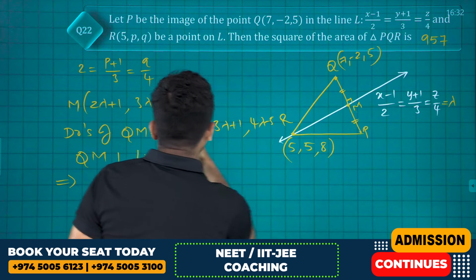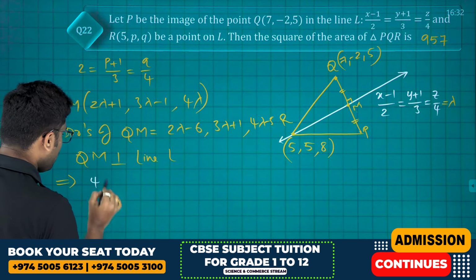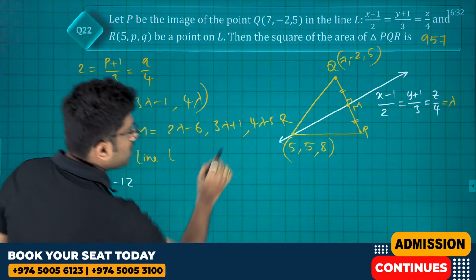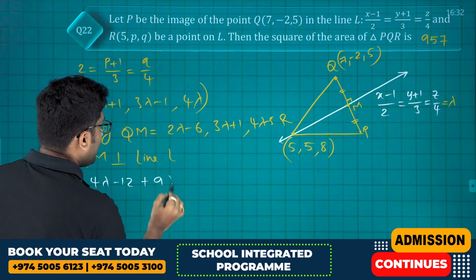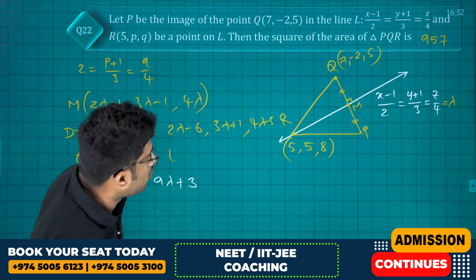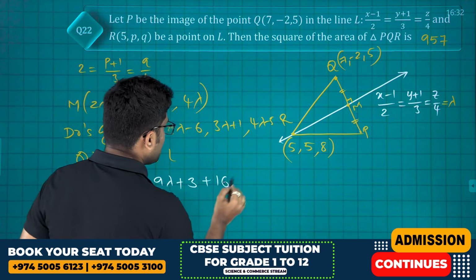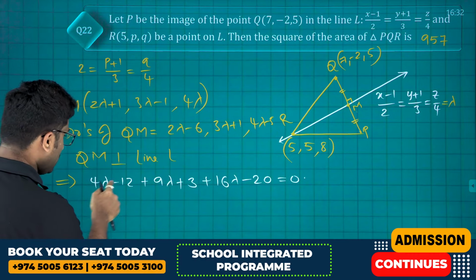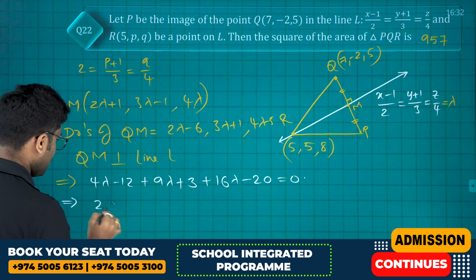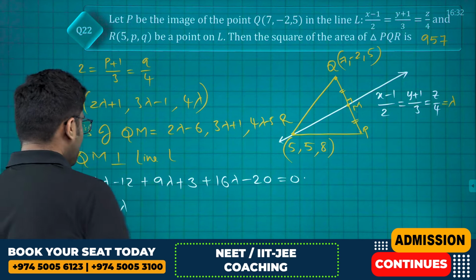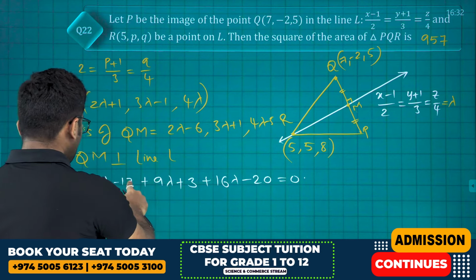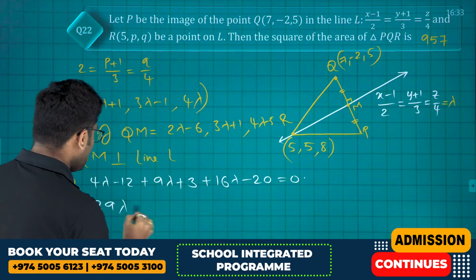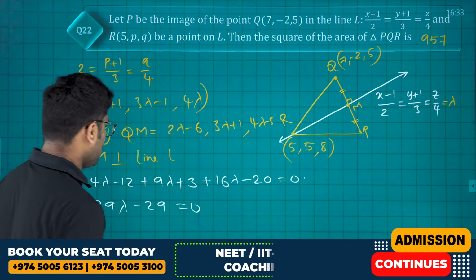So 2 into 2 lambda minus 6 is 4 lambda minus 12. Next, 3 into 3 lambda plus 1 is 9 lambda plus 3, and 4 into 4 lambda minus 5 is 16 lambda minus 20, equals 0. 16 plus 4 is 20, 20 plus 9 is 29 lambda, and minus 12 minus 20 plus 3 is minus 29, equals 0.